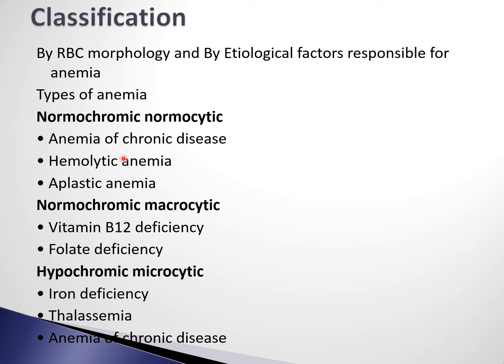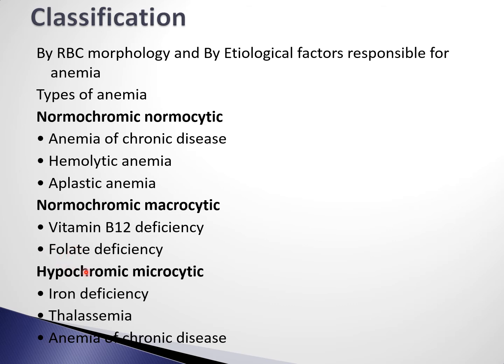In normochromic normocytic, the size of the cells is not affected. It's seen in cases of chronic diseases or hemolytic or aplastic anemia. In normochromic macrocytic, it is the larger cells; the cell sizes increase. It's seen in vitamin B12 deficiency and folate deficiency.